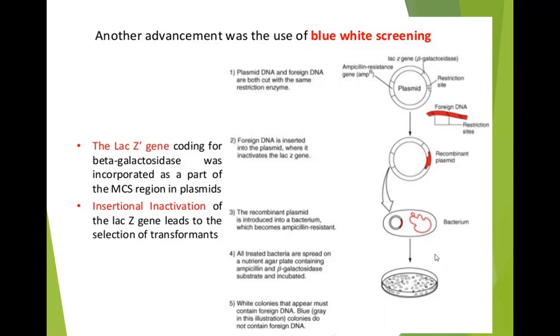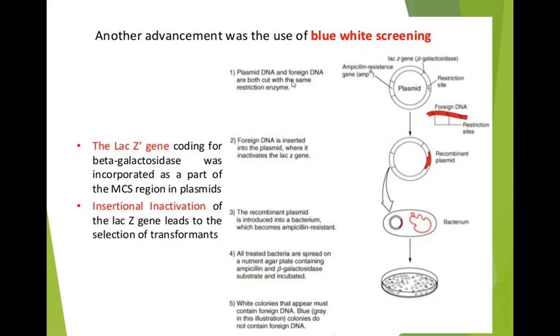Why IPTG? If the host organism is producing the Lac repressor, in that case we use IPTG for the induction. What are all the components present in the selection plate?